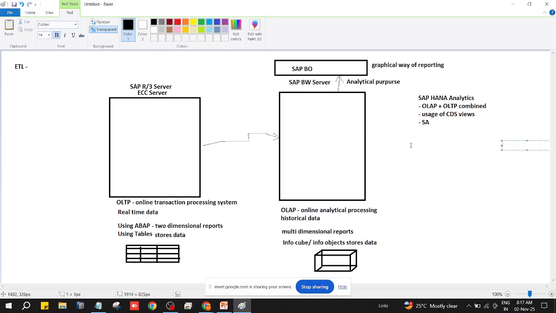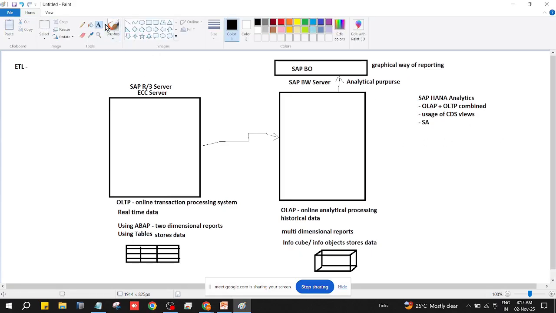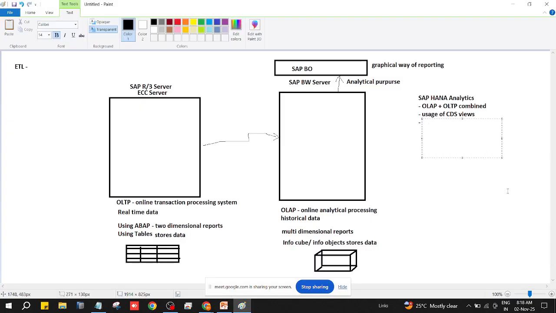That's why they named it SAC, which is called SAP Analytics Cloud.